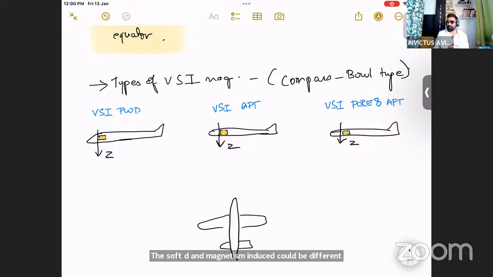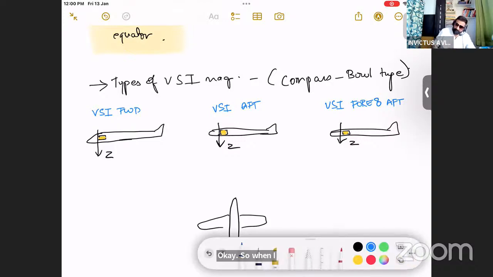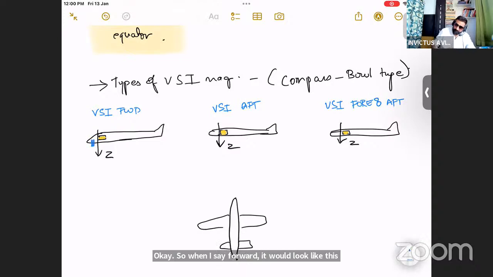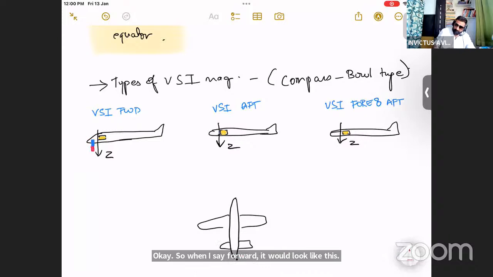Okay. So when I say forward, it would look like this. North Pole, South Pole. South Pole will be always at the bottom because that will be attracted by the Earth's North Pole in a closer way. This is vertical soft iron magnetism.